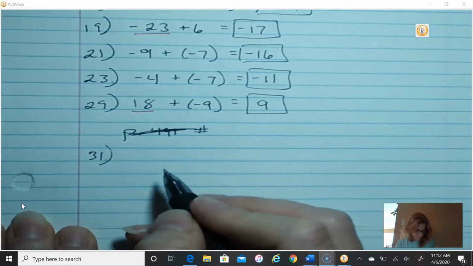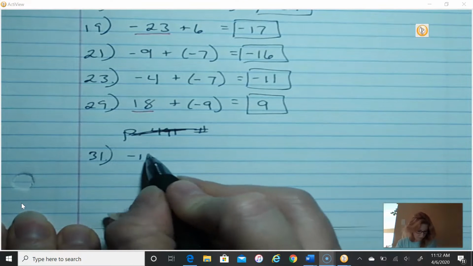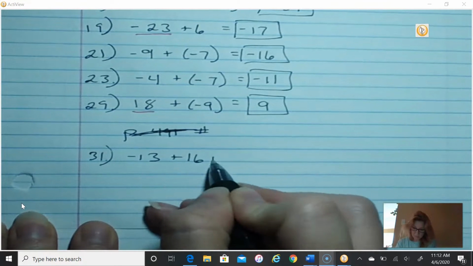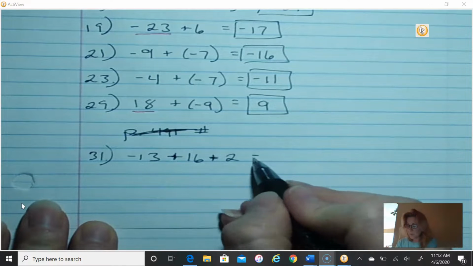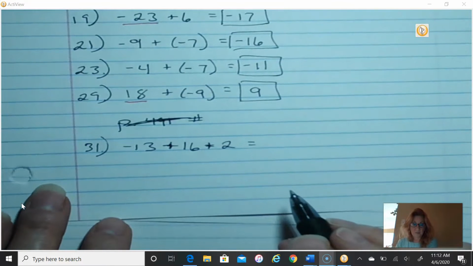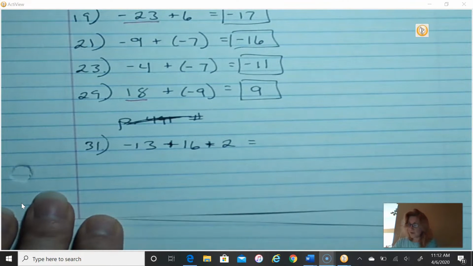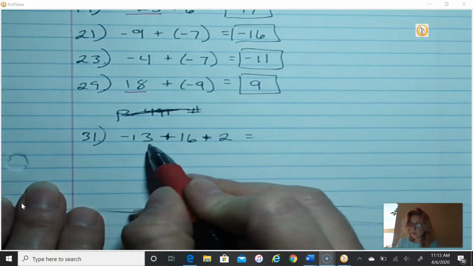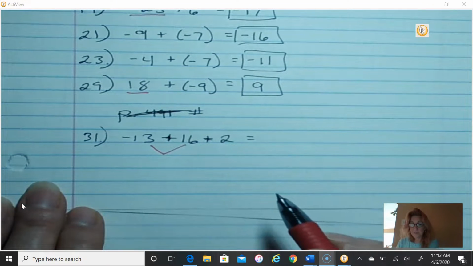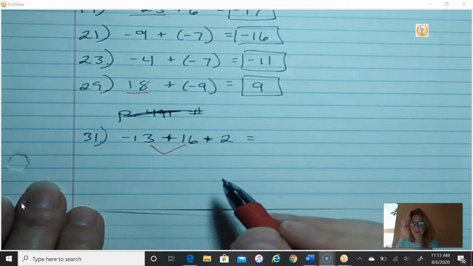31. Negative 13 plus 16 plus 2. We got to do some of these. So hold on. Okay, you can pause this and try to do it yourself. That's negative 13, and we work left to right. Negative 13 and positive 16. Those signs are different.